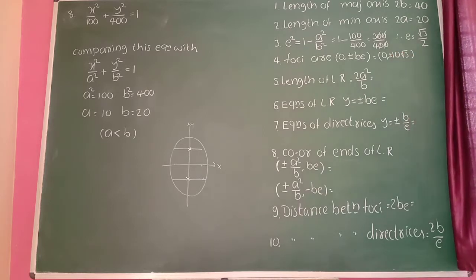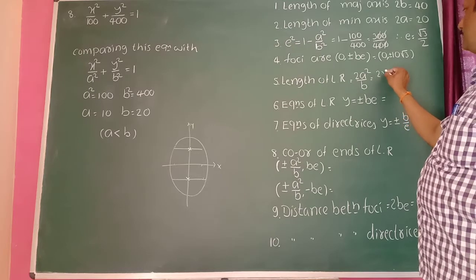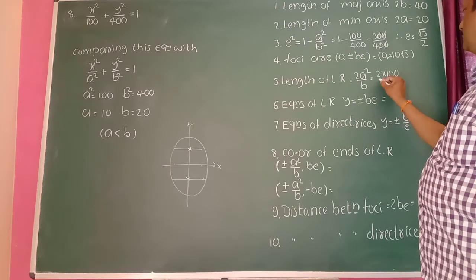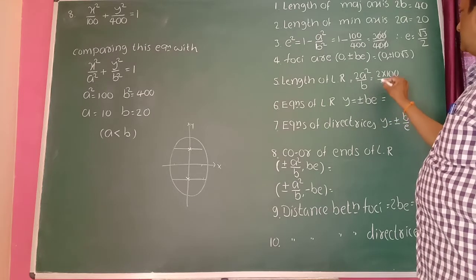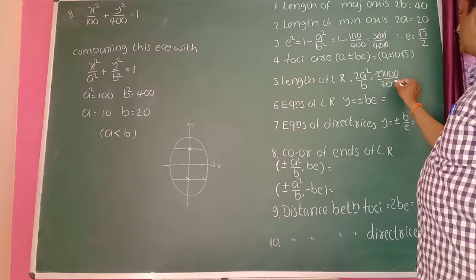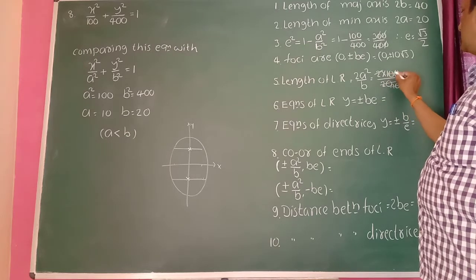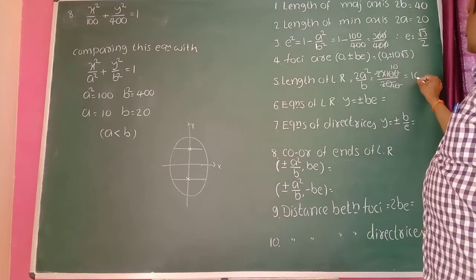Then the length of the latus rectum is 2 a square by b: 2 into a square value 100, divided by the b value, which is 20. Then 2 ones are 2, 2 tens are 20, 10 ones are 10, 10 tens are 100. Therefore, the length of the latus rectum is 10.